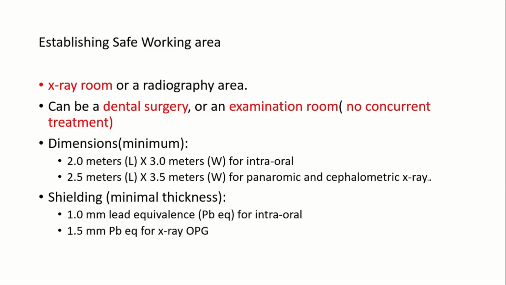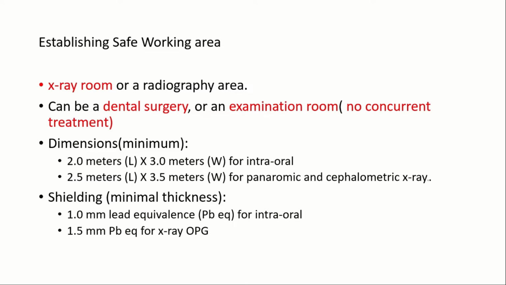So what are the dimension requirements? At least, for example, for a PA it should be 2 meters by 3 meters for intraoral, and at least 2.5 meters by 3.5 meters for extraoral.